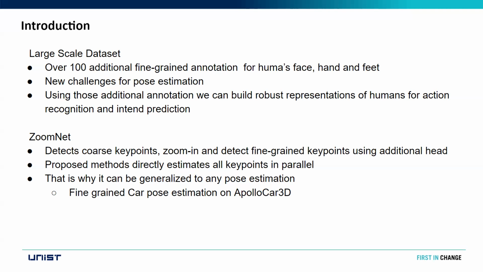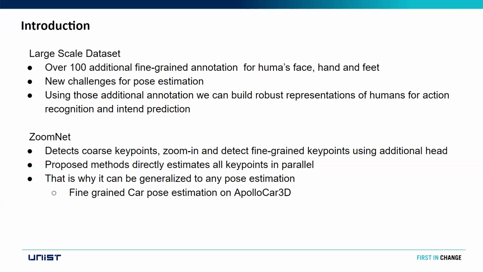Using this dataset is a little bit challenging for older methods, because they weight each key point equally, but in this kind of dataset, key points on the hands and fingers are not as important as key points on the shoulders and the waist. So this is one of the limitations for older methods.